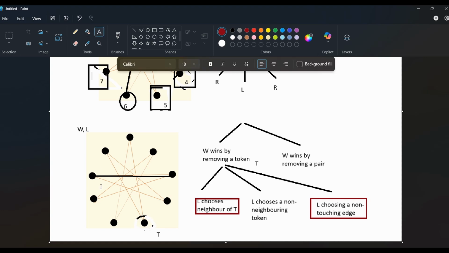Now let's say player W, all these other tokens are removed at the end, and only these two tokens are left. And player W plays this to win. Now we can analyze what happens on this side as well.